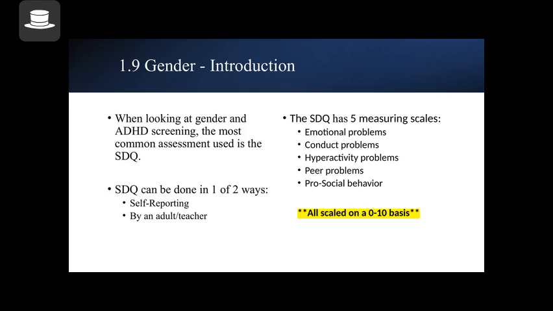So looking at those 5 measuring scales, it would be beneficial for the child's teacher to have a part in filling this out, because they could observe this in the child throughout a school day or a few. And an important note, these are all scaled on a 0 to 10 basis.